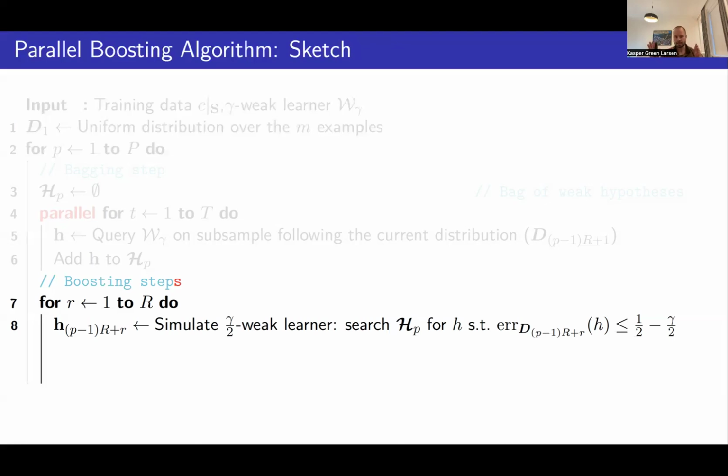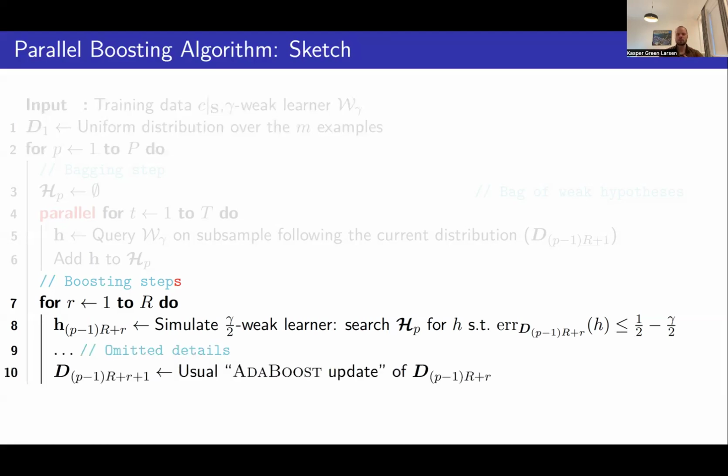For R steps, we're not going to train a classifier, but we hope that this bag contains a classifier whose error is at most a half minus gamma half on the distribution that we have now. And the interesting thing is that we update exactly like in AdaBoost. We find one of these classifiers whose error is at most a half minus gamma half.